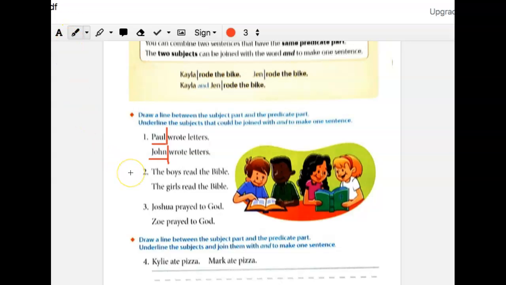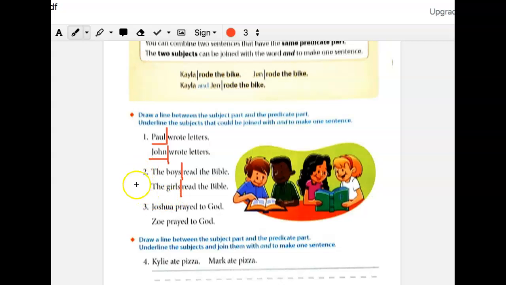Number 2, the boys read the Bible. Where should we draw the line to split between the subject part and the predicate part? The sentence is about the boys, and read the Bible tells us what the boys are doing, so we're going to draw the line between boys and read. The second sentence says, the girls read the Bible. The sentence has exactly the same predicate as the first one, so we can draw the line between girls and read.